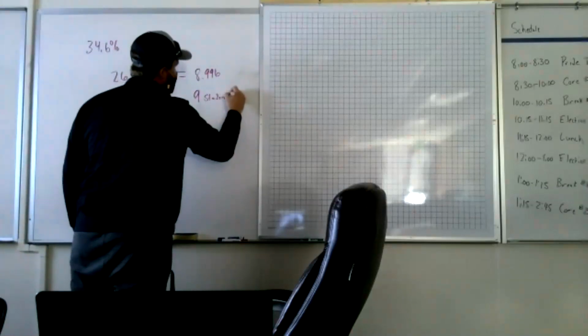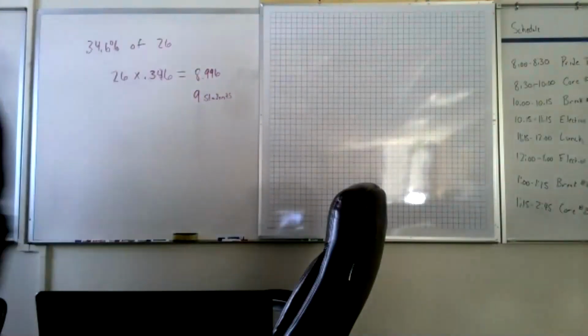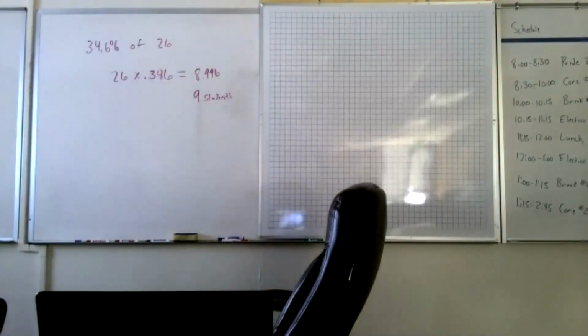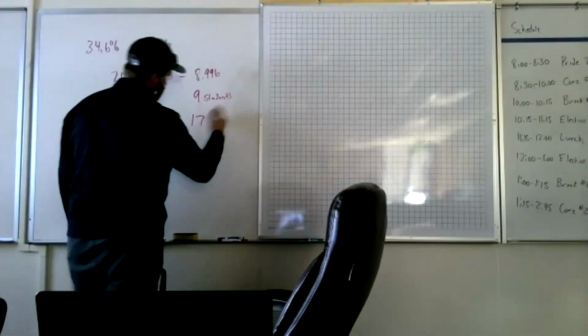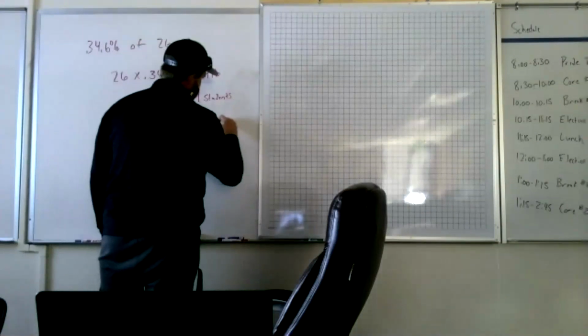Okay, what does that mean? Well, it means that 9 students in each class reported that they have at least 2 siblings. Okay, so we can use this information. So if 9 say that they have 2 siblings, that means that 17 students don't, right?